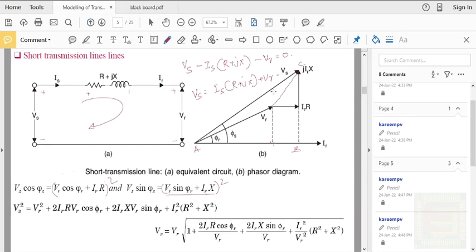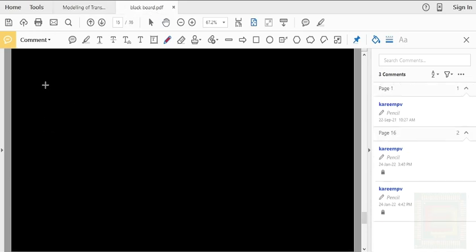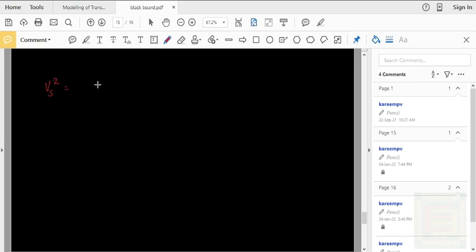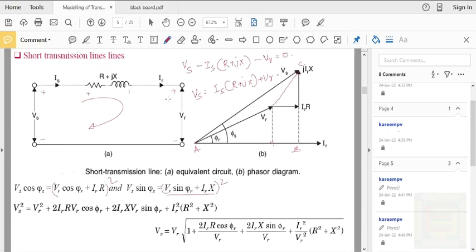Here Vs square is equal to AB square plus BC square.